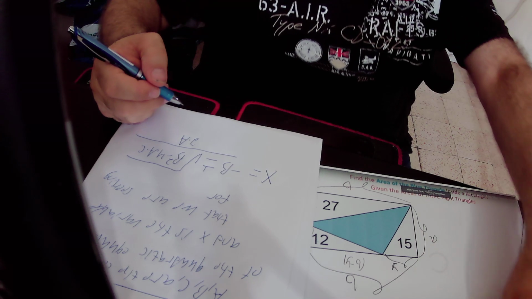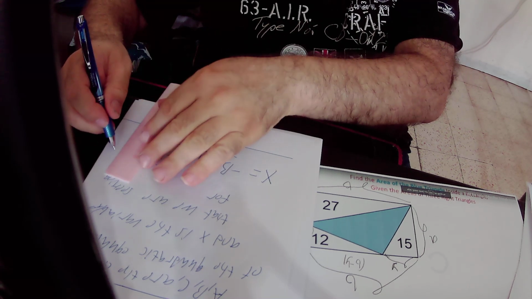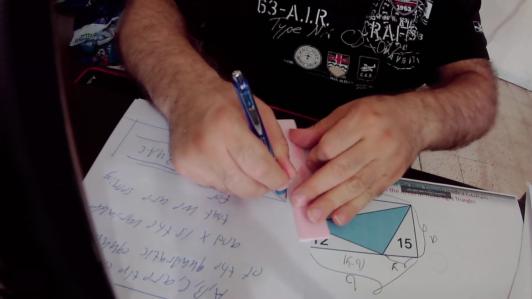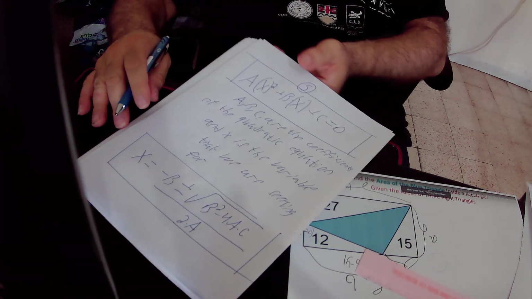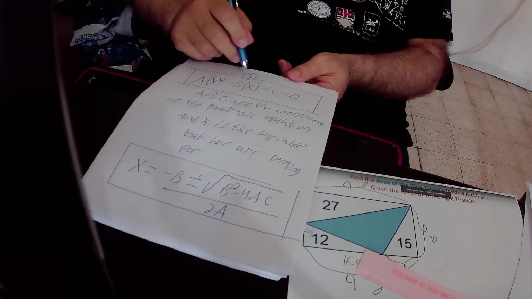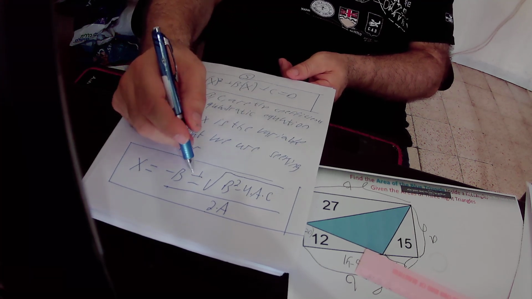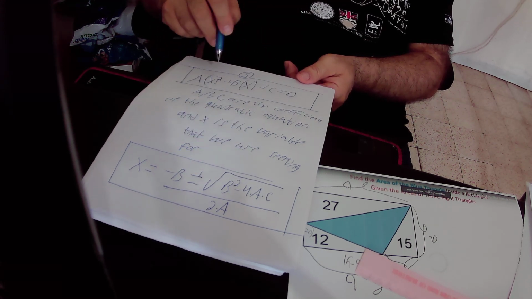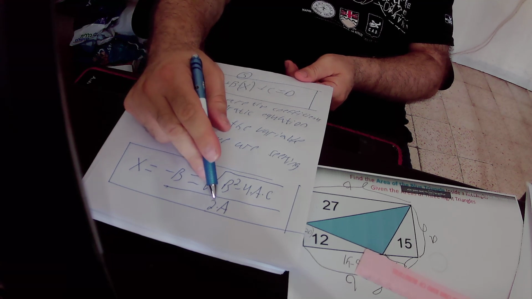Here, b, a, and c are the coefficients of the quadratic equation, and all of it is divided by 2 times a.